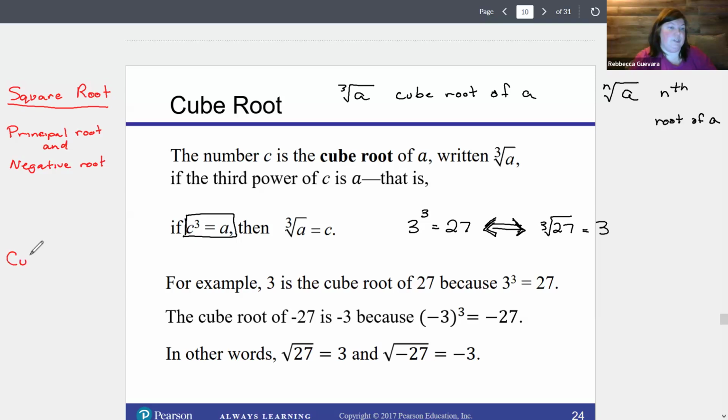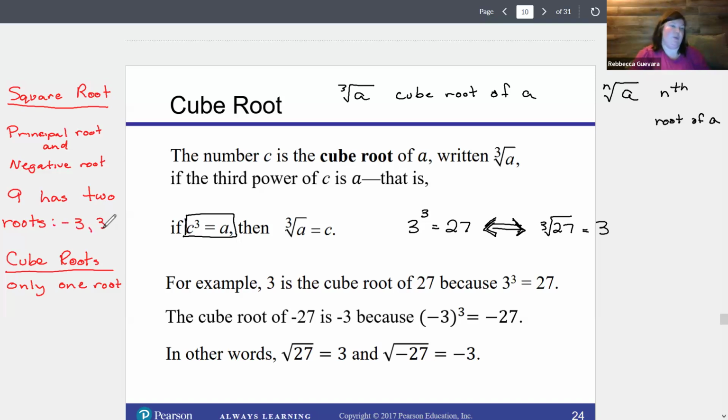When we talk about cube roots, we only have one root. So like with 9, we know 9 has two possible roots. Either -3 or 3 is going to be the root.